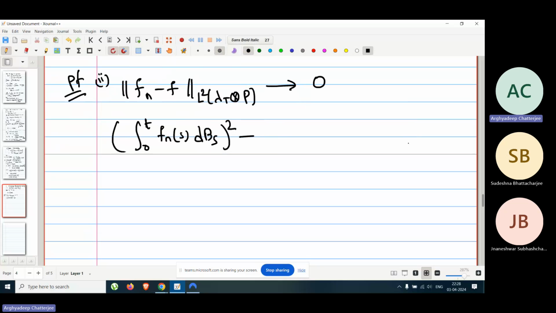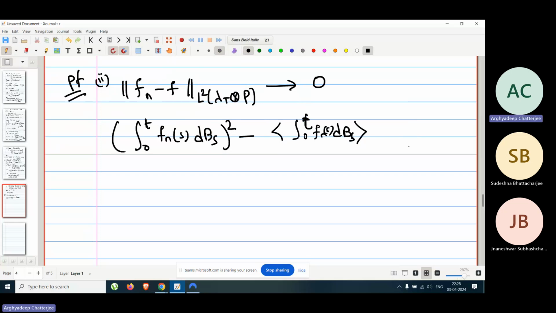Okay, I'll just write the quantity, and so it will be f_n, with the notation becoming familiar.